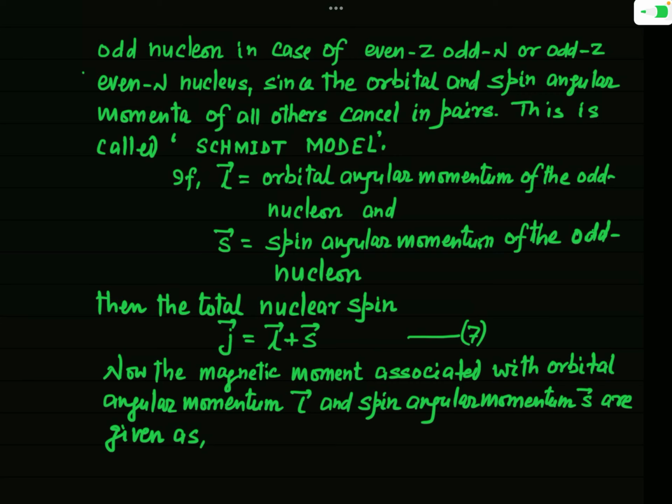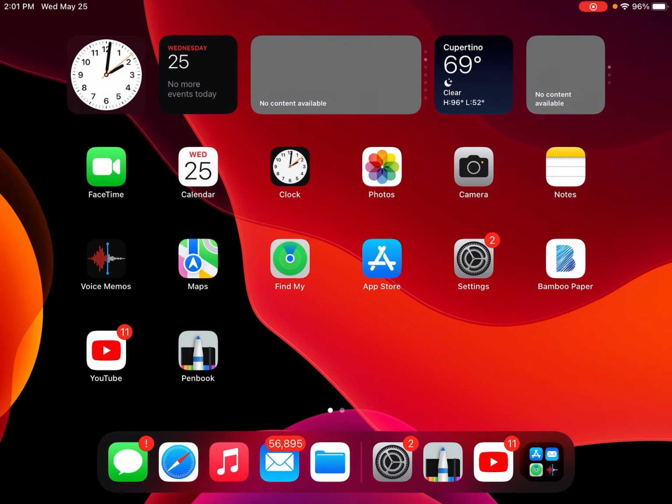So in this case we consider a nucleus which will be either even Z and odd n. It means the nucleus has an even proton number and an odd neutron number. Or we consider the odd Z and even n nucleus.